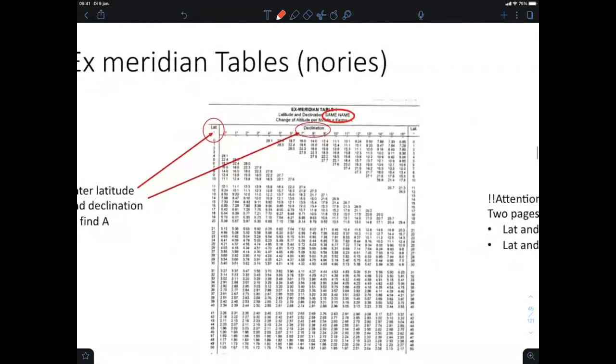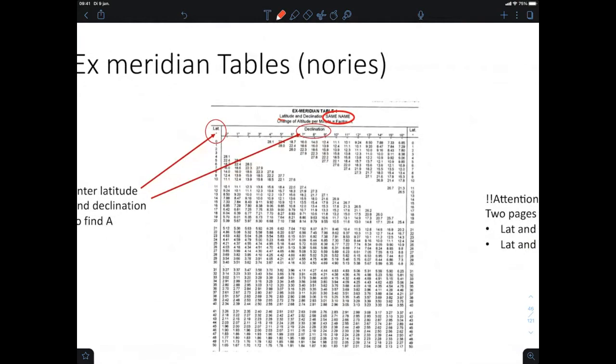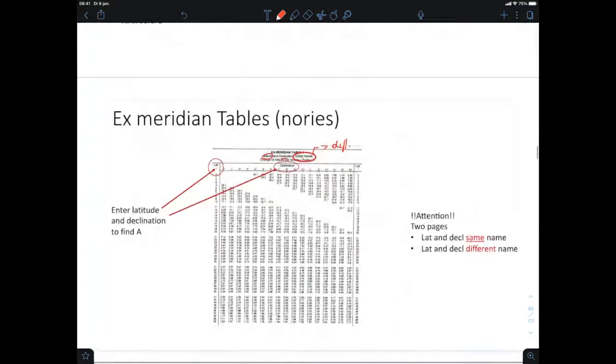There are 2 tables. There is a table for latitude and declination having the same name, and then on the other hand, there is a table for latitude and declination with a different name. So please make sure that you use the correct table 1. Attention, there are 2 pages: latitude and declination same name, latitude and declination different name.